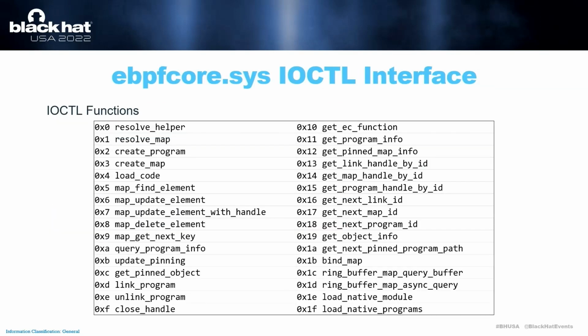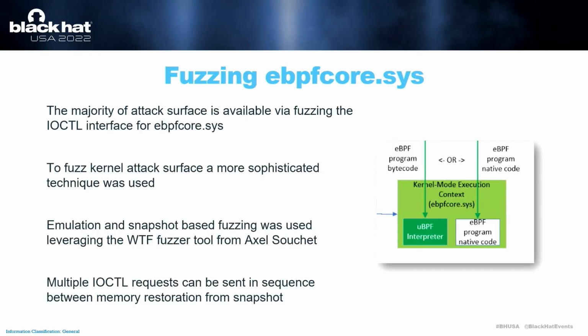The interfaces that are exposed through ioctl allow you to resolve functions and maps and load programs, get the next program ID, interact with ring buffers and data structures and all these sorts of things. Plenty of interesting memory modification going on there. And so this is kind of where the majority of the attack surface that became interesting existed.